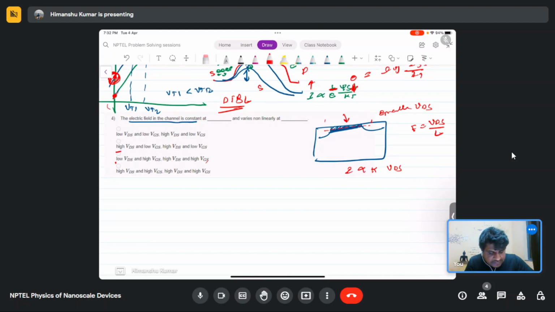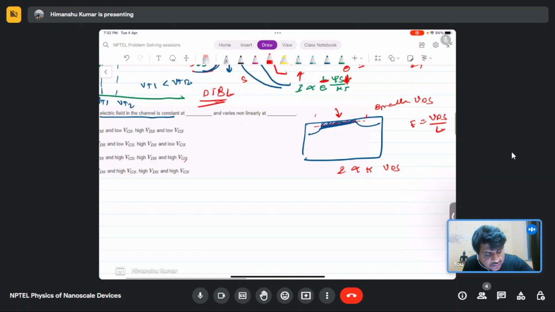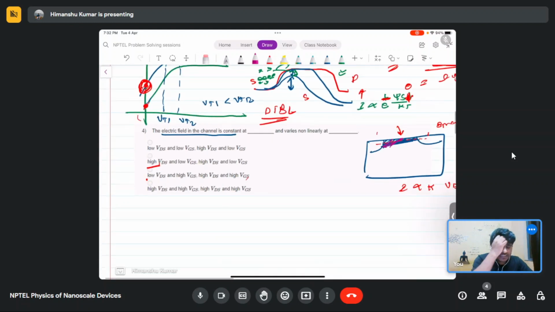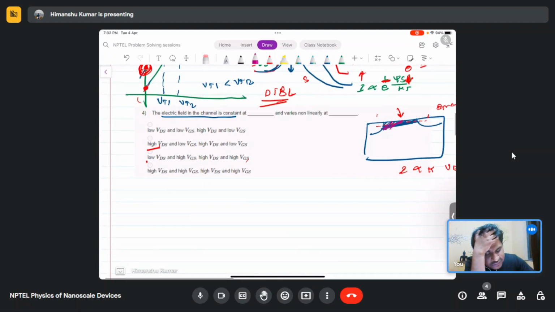At high VDS, channel length modulation starts to take place and the channel starts approaching the source side region. So at high VDS, the resistance will vary non-linearly, as you can see in the characteristics. In the low region the characteristics are linear, but as you cross this region the characteristic becomes flat or curves. So this is the non-linear region.